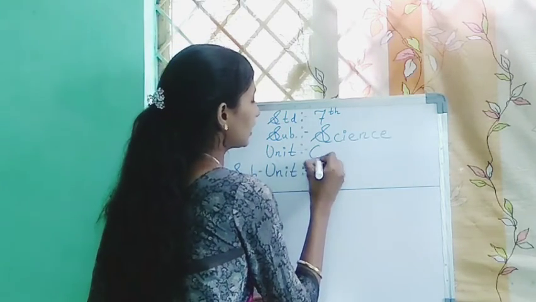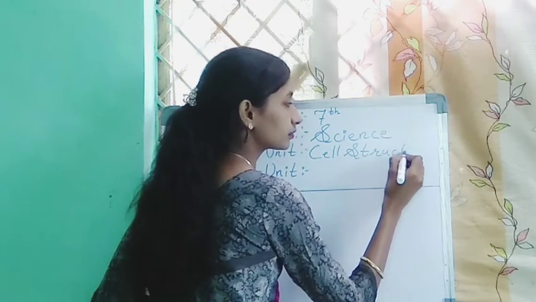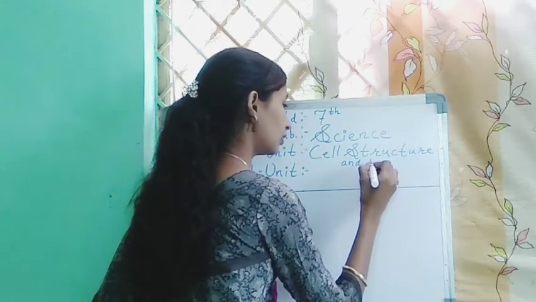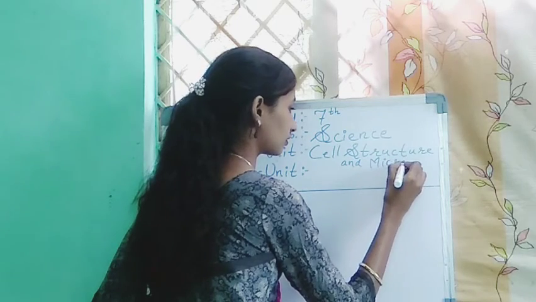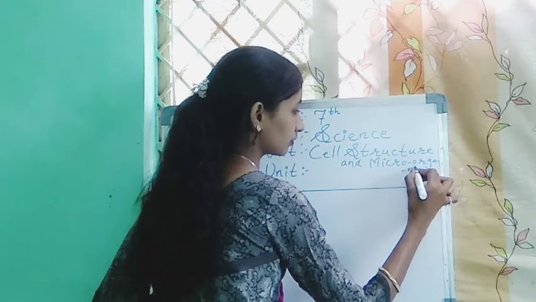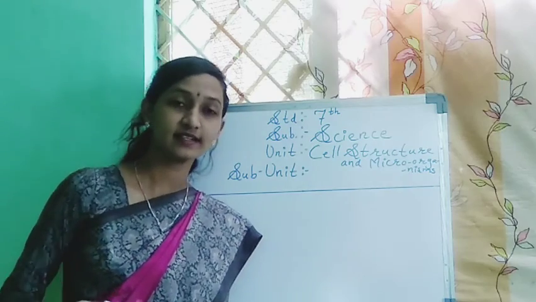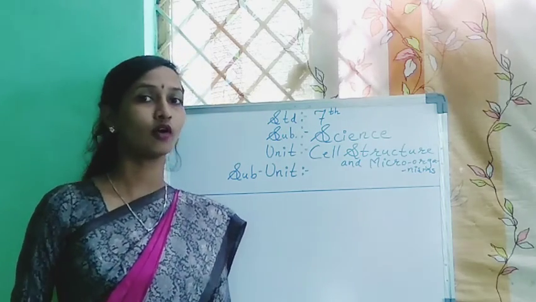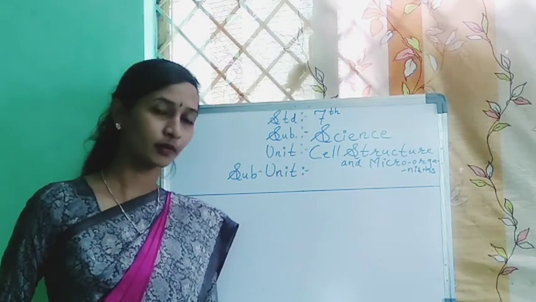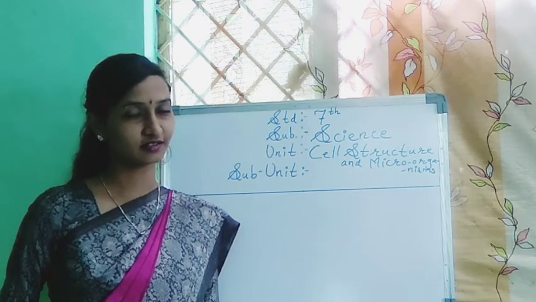That lesson's name is cell structure and microorganisms. So, in this lesson, we will learn various types of subunits with the help of PPT, that is PowerPoint presentation. So, let's get started with that PowerPoint presentation.